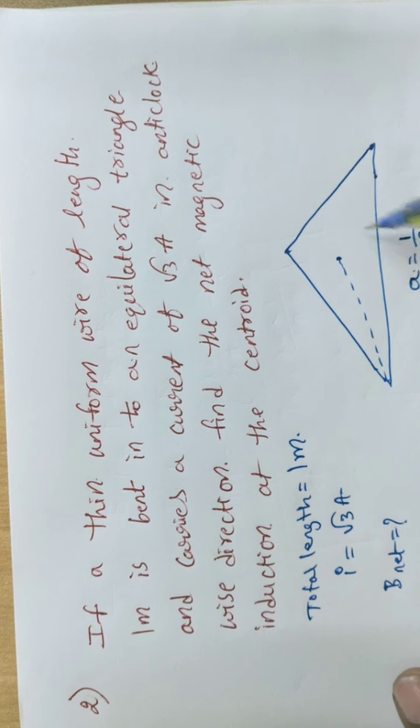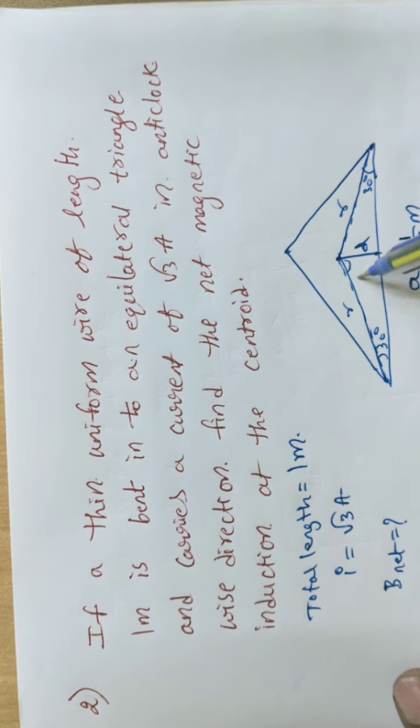This is one line and this is another line. This is the perpendicular distance D, which is 1 by 3 by 2. This is R value, and this is also R. This is 30 degrees and this is also 30 degrees. Here 60 degrees and here also 60 degrees. So this is the centroid.